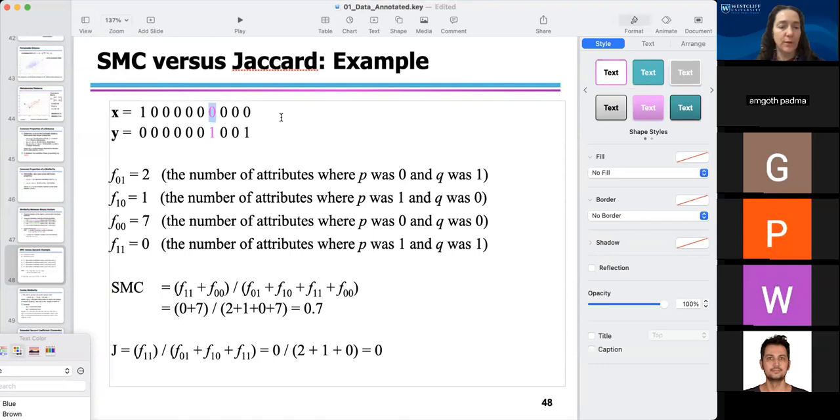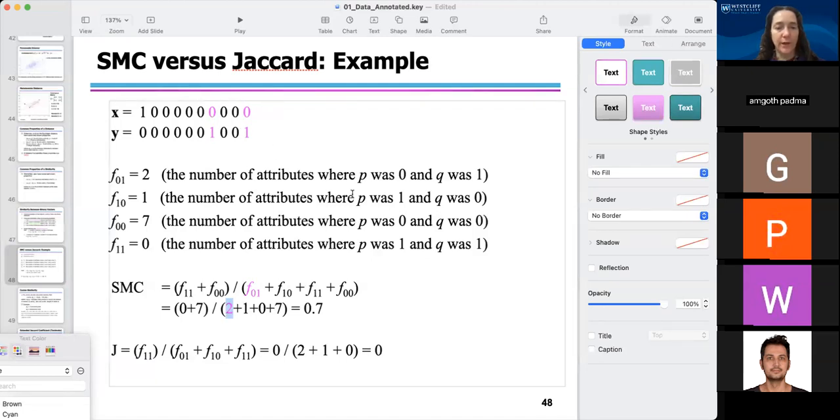So F01 is 1. Oh, actually, there's two of them. There's one more right here. So we take F01 in the formula, and as you can see, that's equal to 2. So there's two of those.